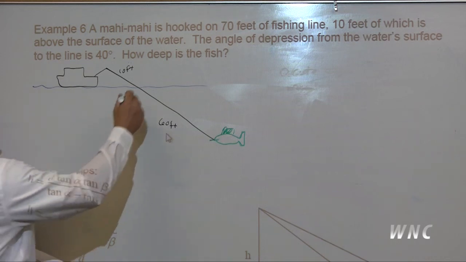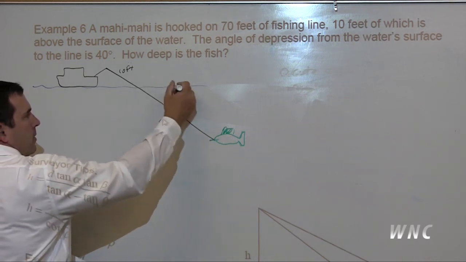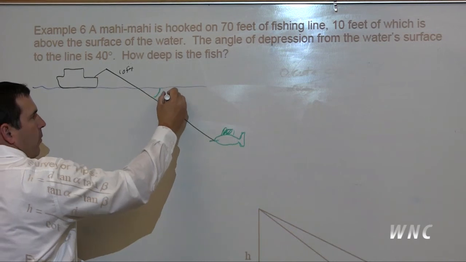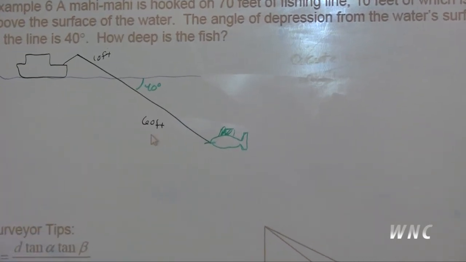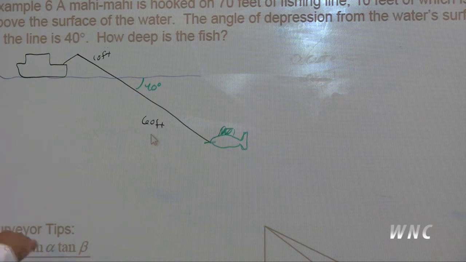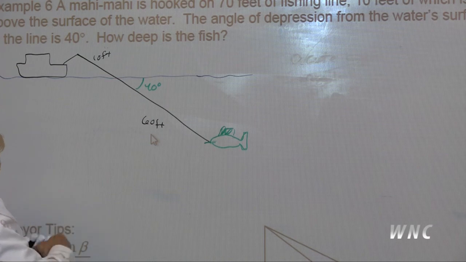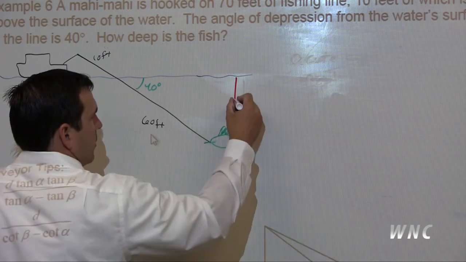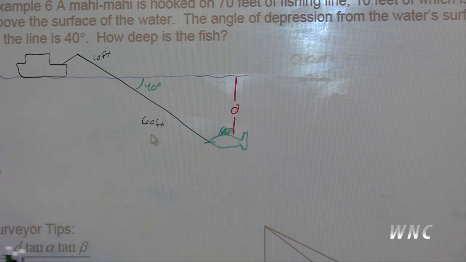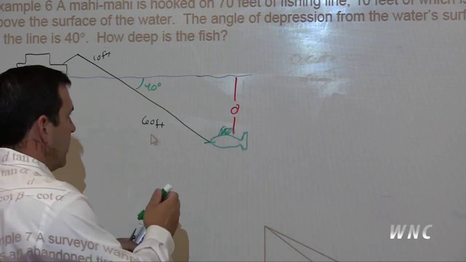And we also know that the angle of depression from the water surface is 40 degrees. The question is, how deep is the fish? What is our depth? How deep is that fish below the water? What we're dealing with is basically a triangle.